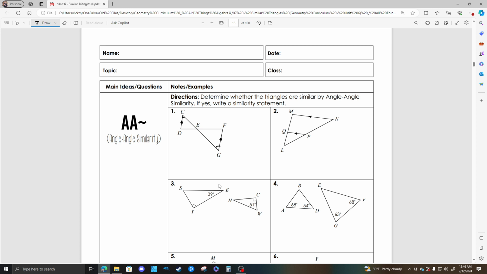Actually, for this one, it's kind of neat because we know angle F and angle D are also alternate interior angles. And then we actually know angle E is the same on both sides, because those are vertical angles. So we know all three. So in this case, I'm just going to write yes. If you want help writing the similarity statement, you can. But that one's good.